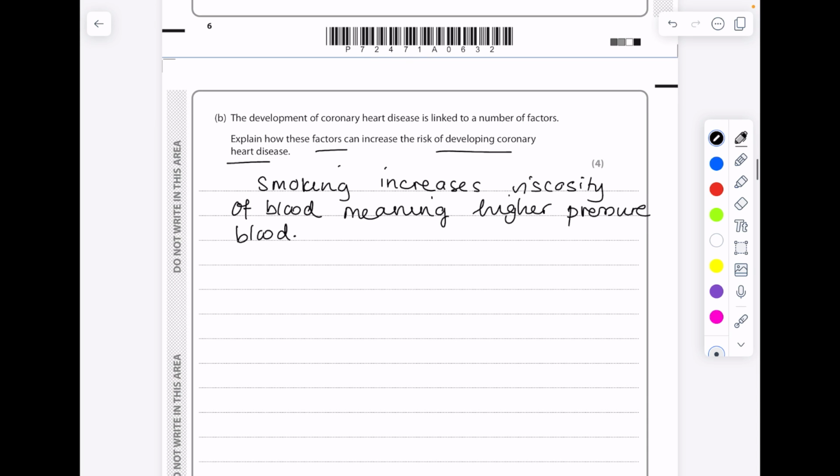We could also say that a lack of exercise means blood pressure isn't lowered.